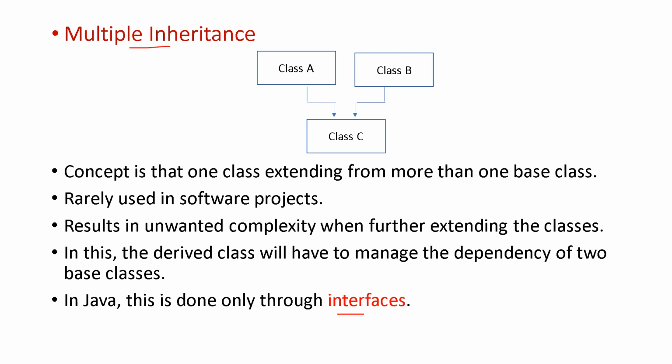So in Java, multiple inheritance is not supported directly, but it is done with the interface. It means more than one base class and one child class, that is, one class extending from more than one base class. And it is rarely used in software projects.